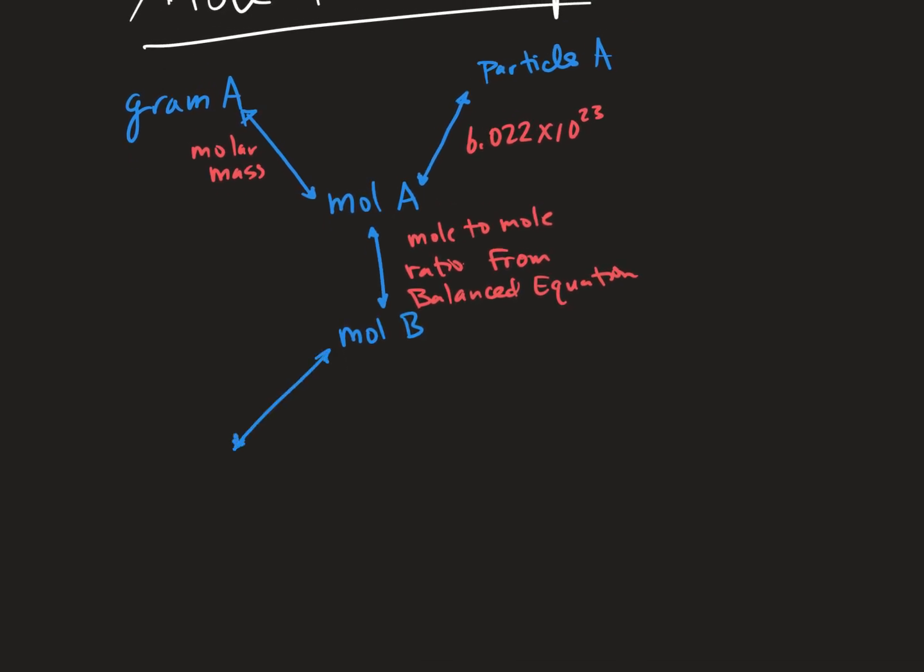Then we can go from moles of substance B to grams of substance B. And what do we use? Molar mass again. It's the same thing, it's just a different substance. We can do it to all these substances. And then we can also go from moles of substance B to particles of substance B. And when I say particles, what are the different ways to call particles?